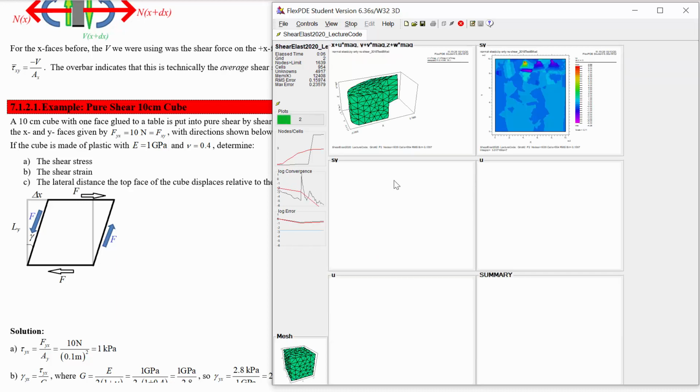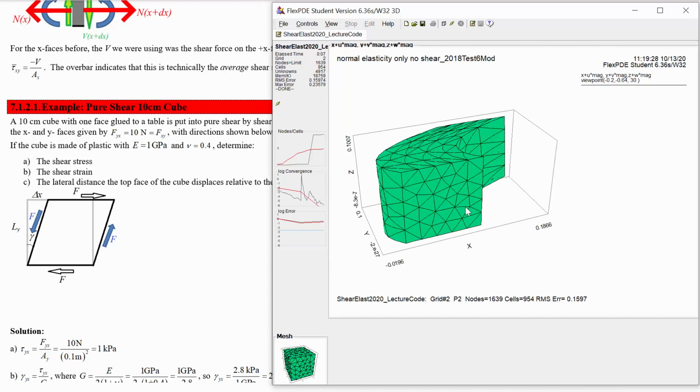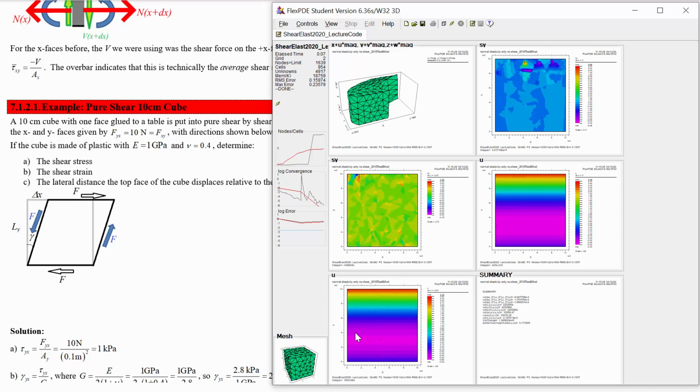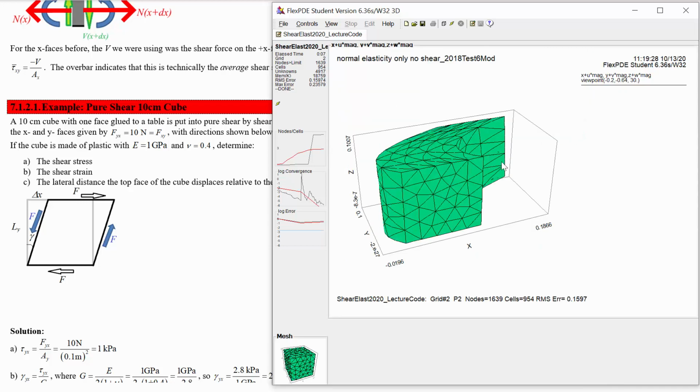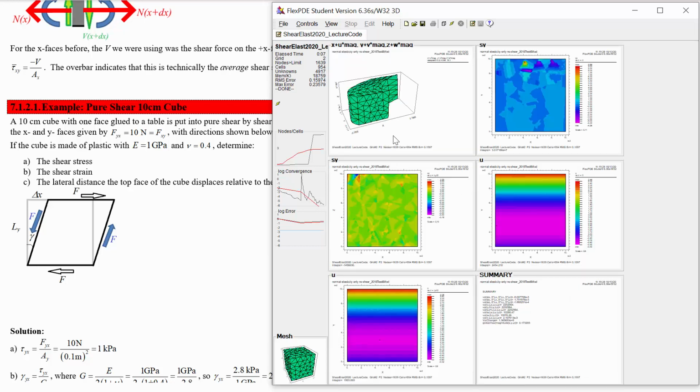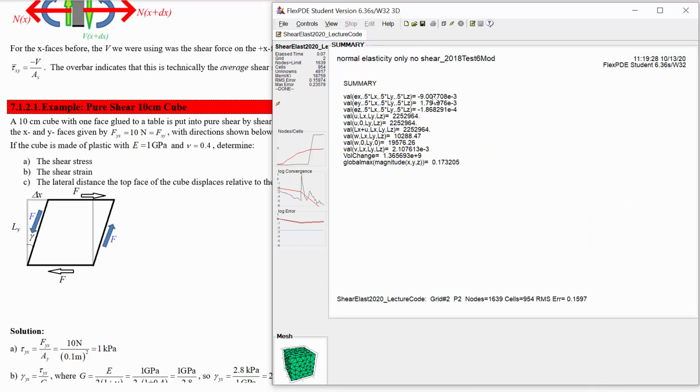So it's taken a while, and there we go. So this time it didn't fully crash. It just gave us some deformation, and it's not the correct deformation. Somehow it ended up doing something, but let's look at what the displacement is. The magnitude of, wow, look at this volume change. Volume change of like billions, right? The value of U has gone over by 1 million.